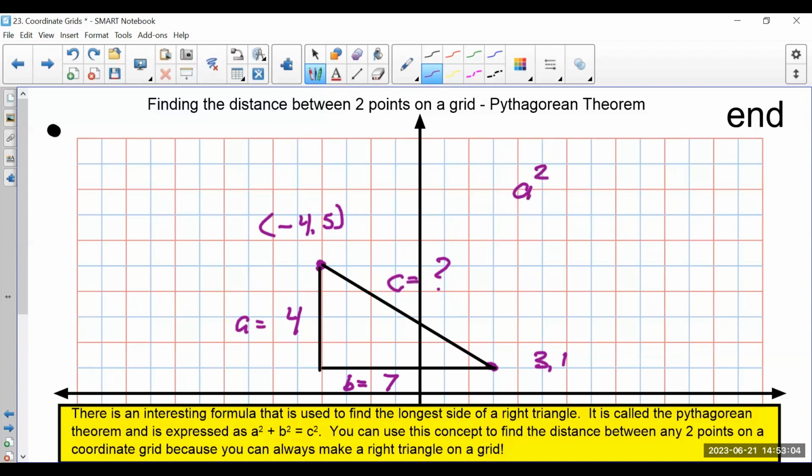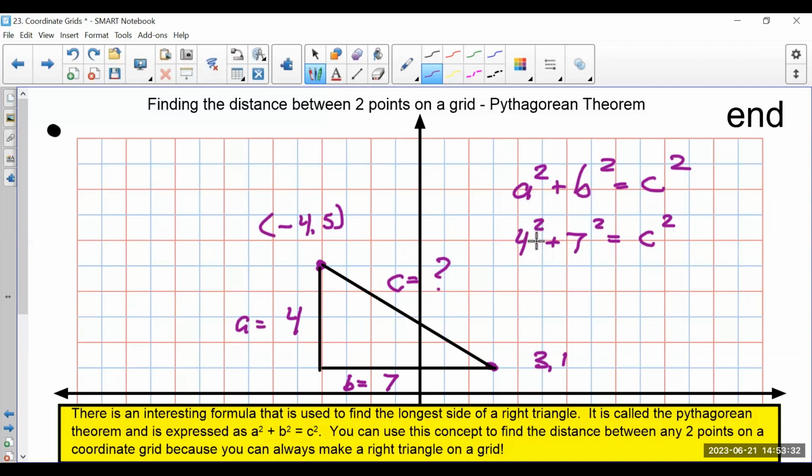So it looks like this: a squared plus b squared equals c squared. We're just looking for c, but to find c, you need to triangulate it and use a and b. It doesn't matter which one you call a or b. So I'm going to put 4 squared plus 7 squared equals c squared.